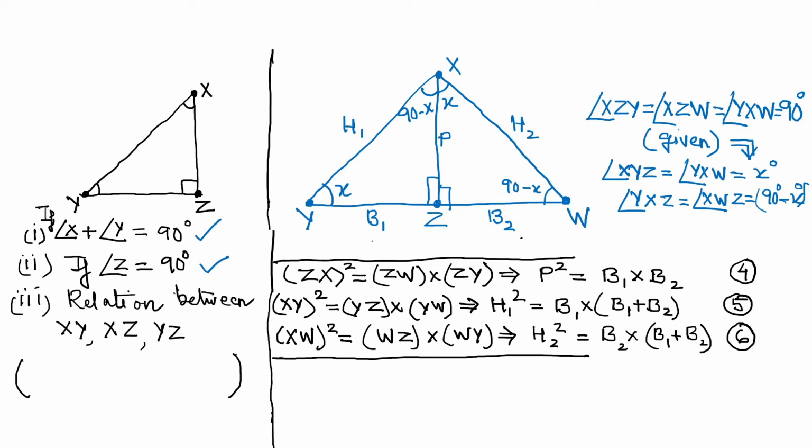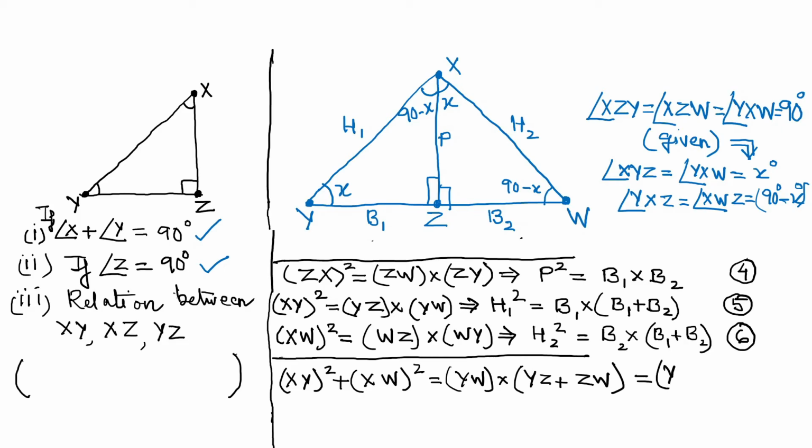I should add XY whole square with XW whole square, which is just like saying adding equation 5 and 6, which gives me basically, so you would see YW becomes common. Now this will be YW into YZ plus YW, YZ plus ZW, which in any case becomes YW again, which is YW whole square.